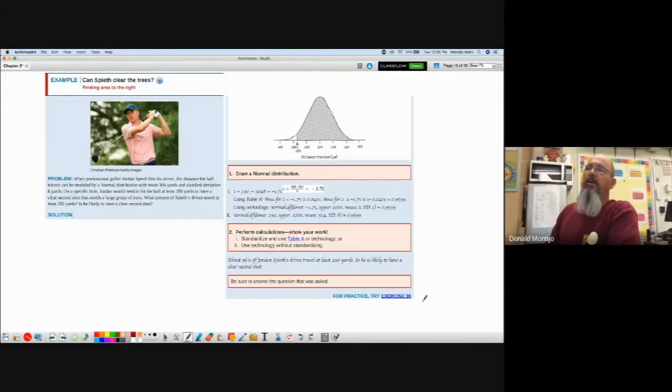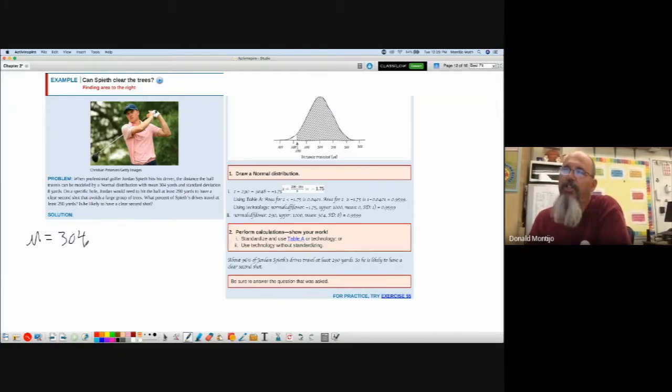Okay. Talks about Jordan Spieth hitting a golf ball a certain distance. It says that his distribution of drives is normal. Once we know the data is normal, we think automatically z-scores. Normal data, do z-scores. Normal means z. Okay. Normal distribution with a mean of 304.